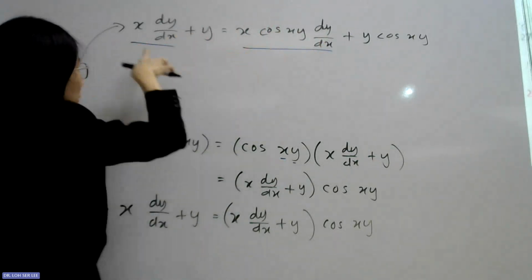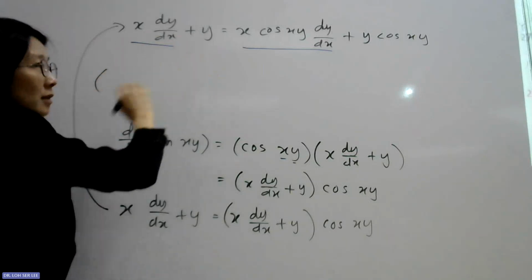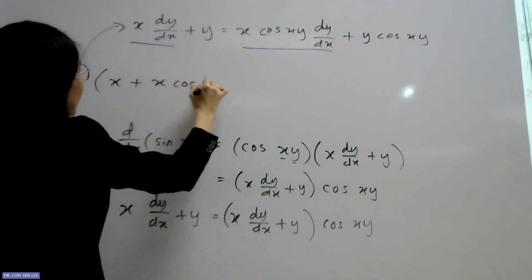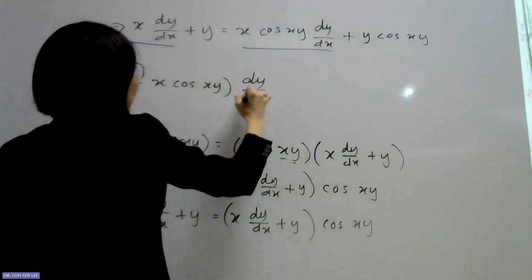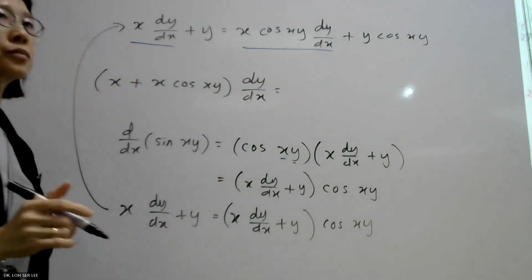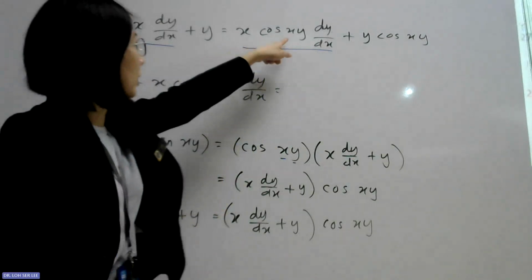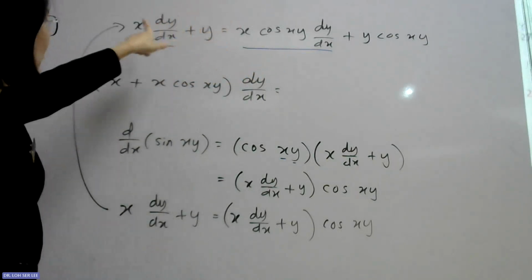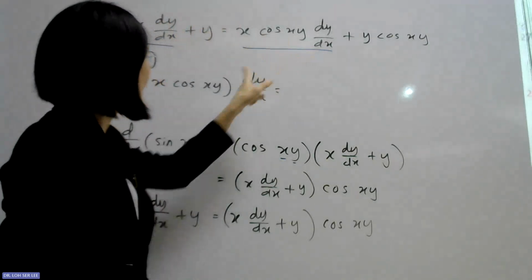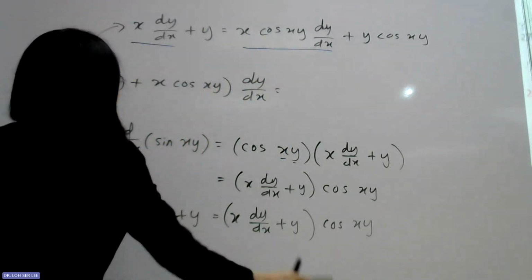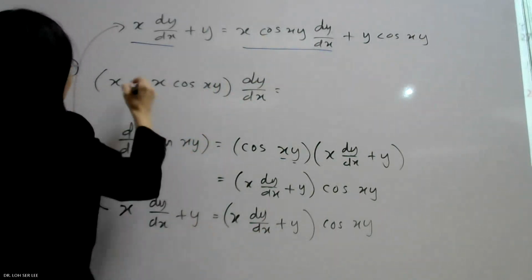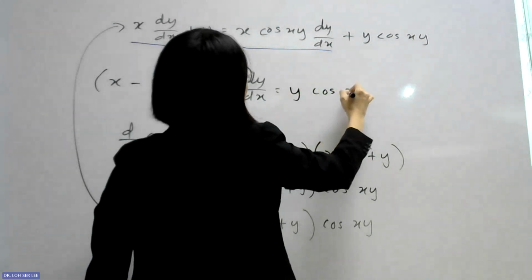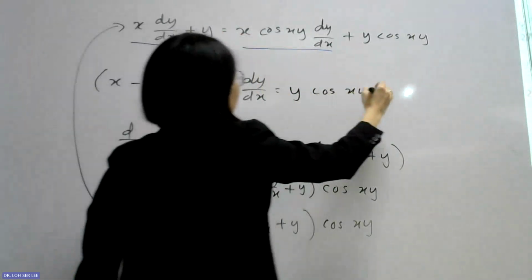When you move this to the left, we can factorize the dy/dx. So you have x minus x cos xy, dy/dx, equals y cos xy minus y.